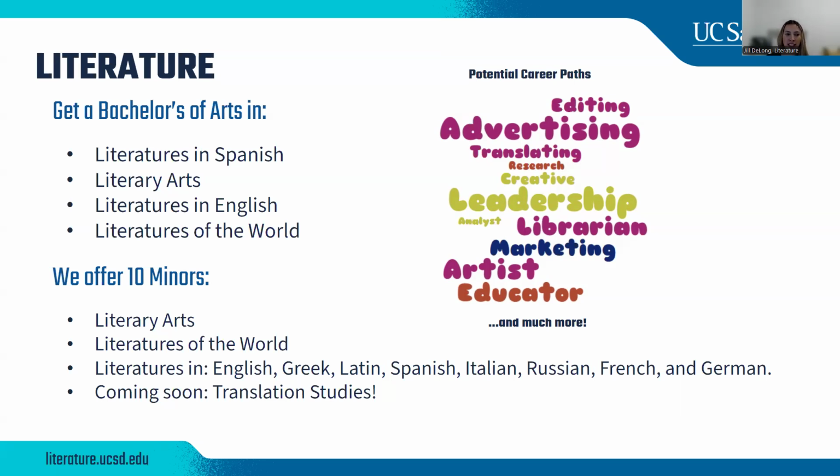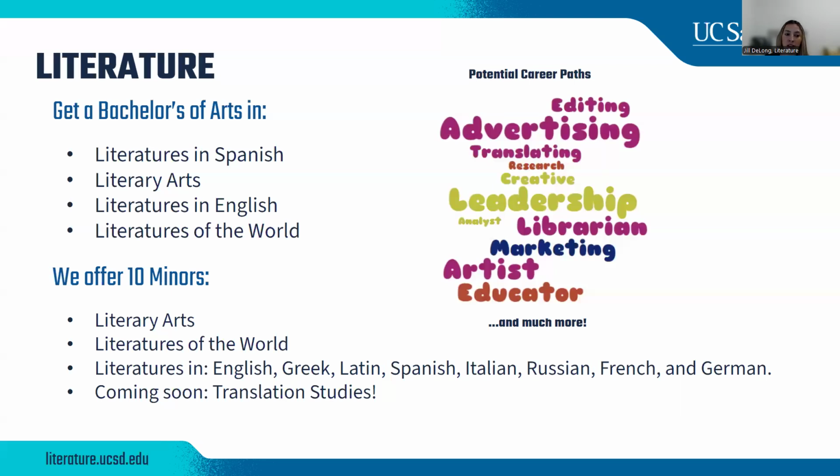So with that, we aren't exactly the typical or standard English department that you might find on other campuses, but we do have a major that focuses on literatures in English for those who are interested. And that one is a very popular major on campus, along with the literary arts major. But regardless of whether you major or minor in these programs, you have the opportunity to study world literatures in many languages to fulfill GE requirements or just to explore.